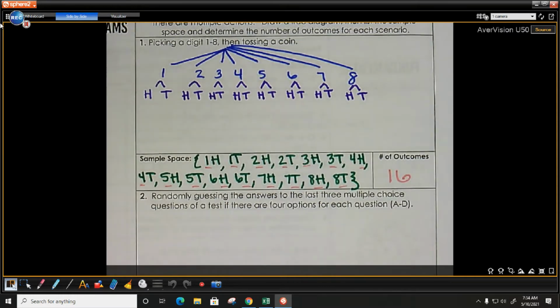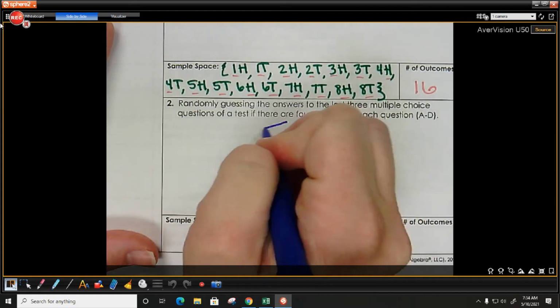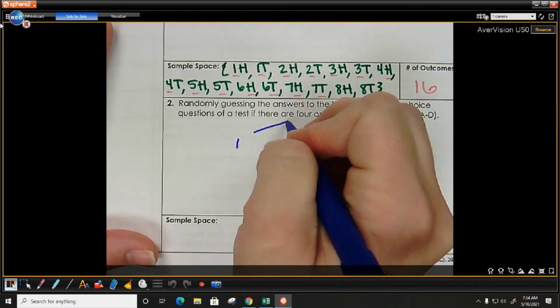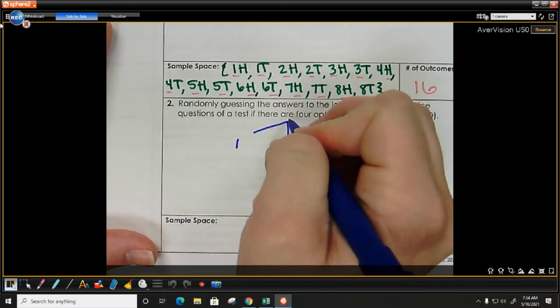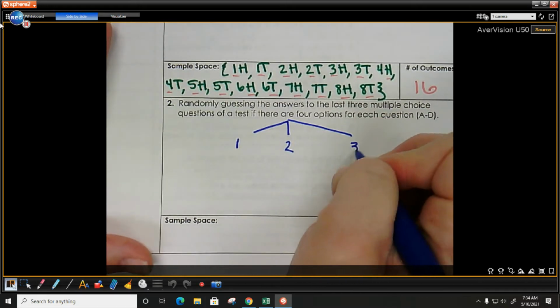Okay. Randomly guessing the answers to the last 3 questions, multiple choice questions of a test if there are 4 options for each question. So, question 1, question 2, question 3.